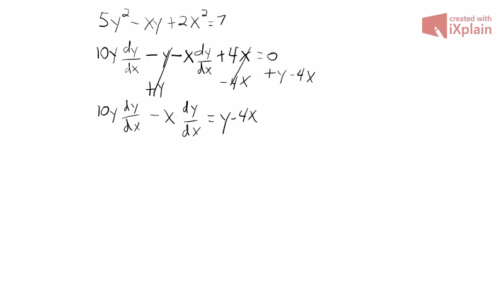Okay, next, to get dy over dx, let's factor it out. Okay, and then last, to get it alone, divide by 10y minus x.